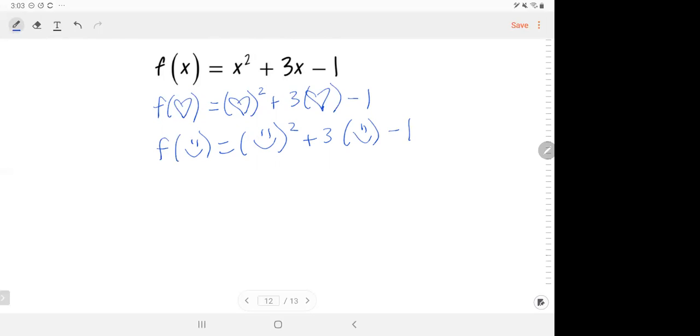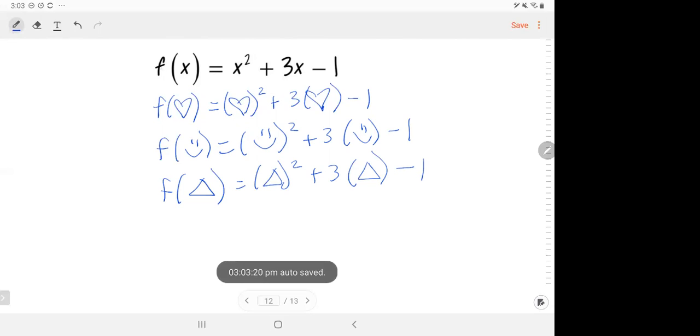Let's do a triangle. Triangle gets plugged in right there. So it is very important that we are not multiplying this f times x. This is f of x. So we're plugging in whatever value it gives us for x.